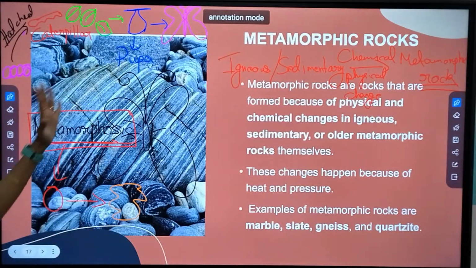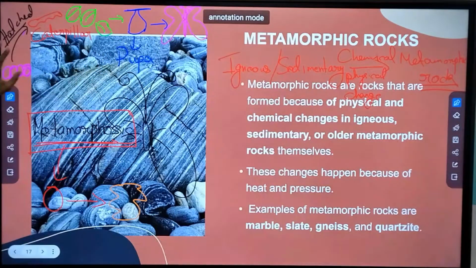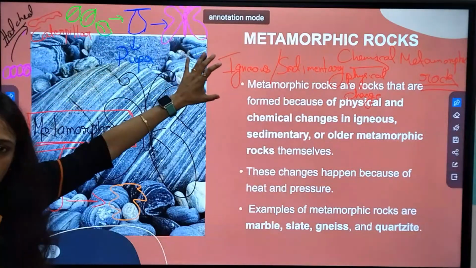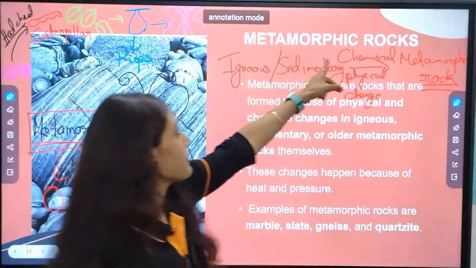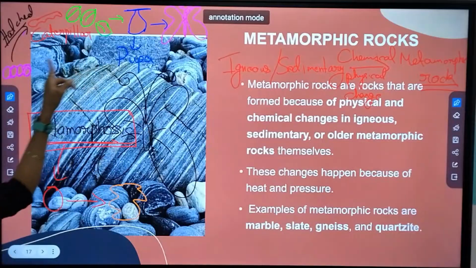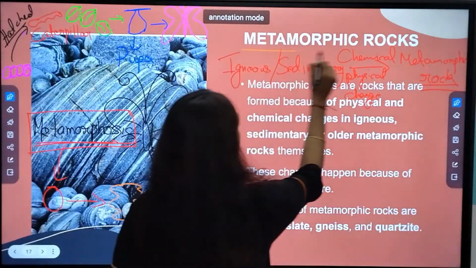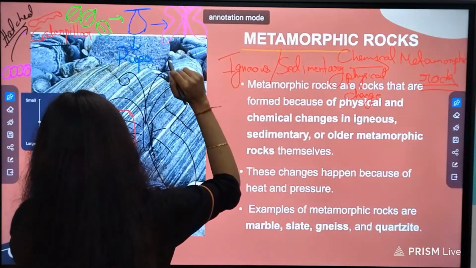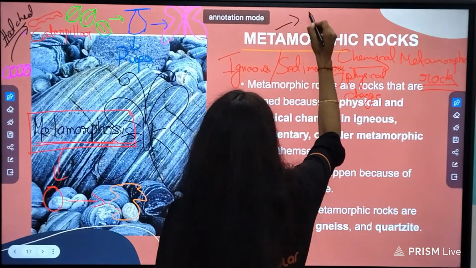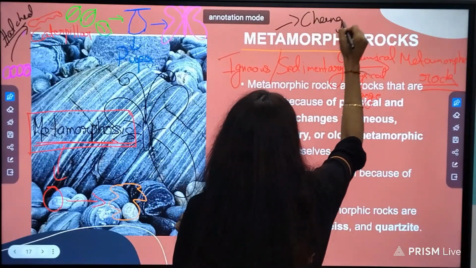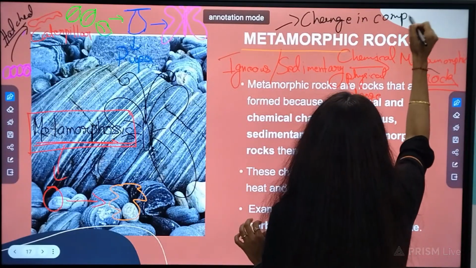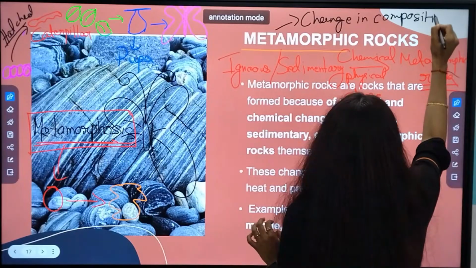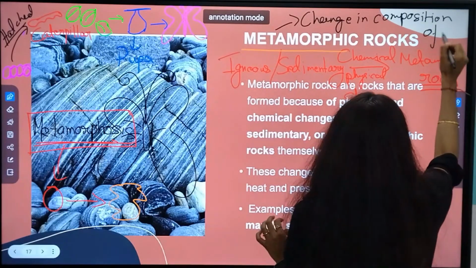Okay, so change of butterfly from caterpillar to butterfly is known as metamorphosis, and metamorphic comes from this word metamorphosis, which means change in rock. Change in composition of rock.